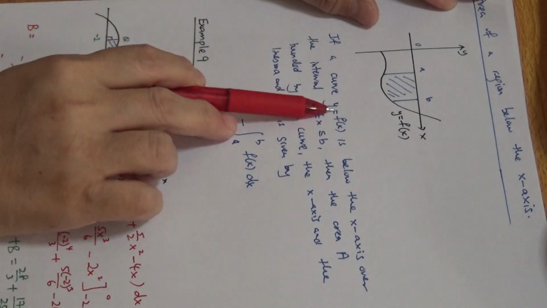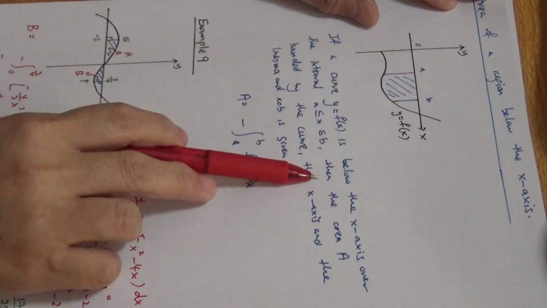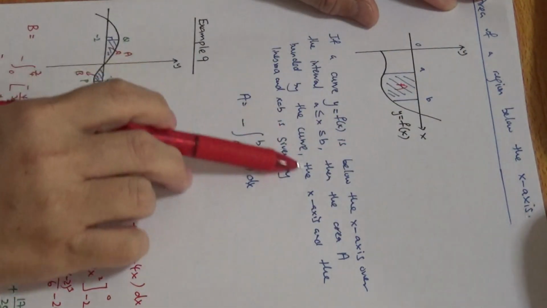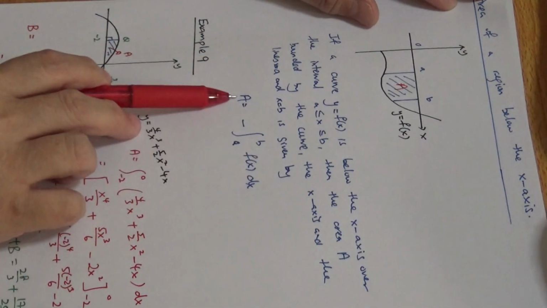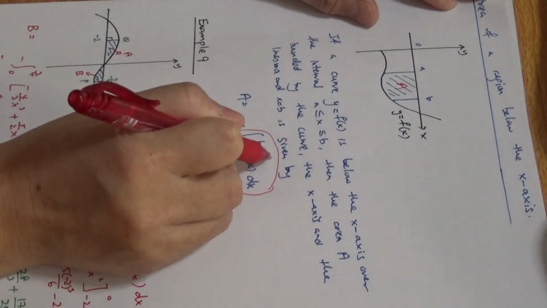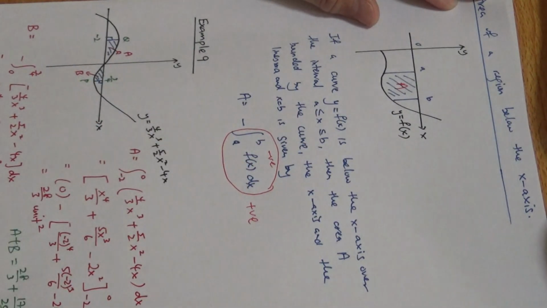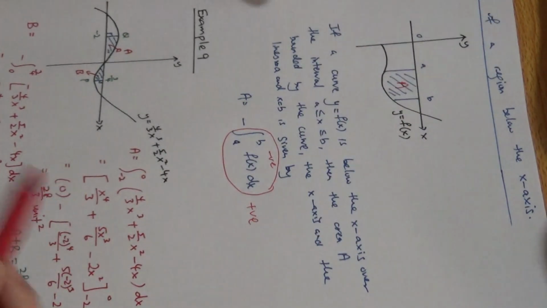If a curve y equals f(x) is below the x-axis over the interval a to b, then the area A bounded by the curve, the x-axis and the lines x equals a and x equals b is given by A equals the negative of this integral. Because the integral is negative, we take the negative of it to make it positive. Therefore we can find the area bounded by the curve and the x-axis that is below the x-axis. Now let me illustrate with example 9.